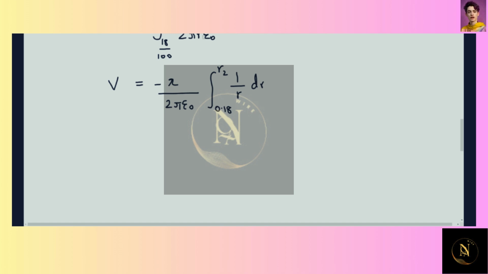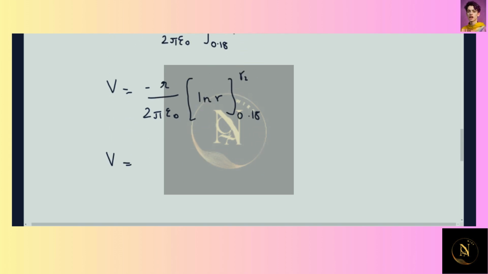Now the integral of 1 over R is simply the natural log of R, and the limits go from 0.18 to R2, and that gives us the natural log of R2 minus the natural log of 0.18.